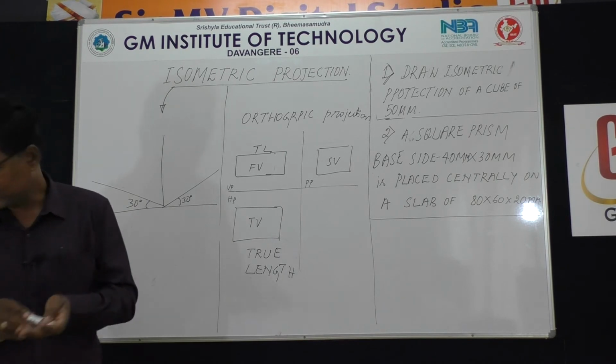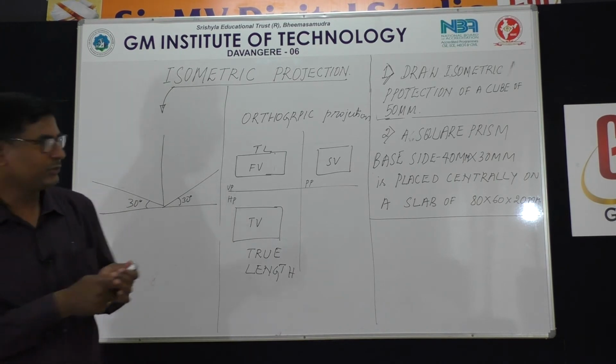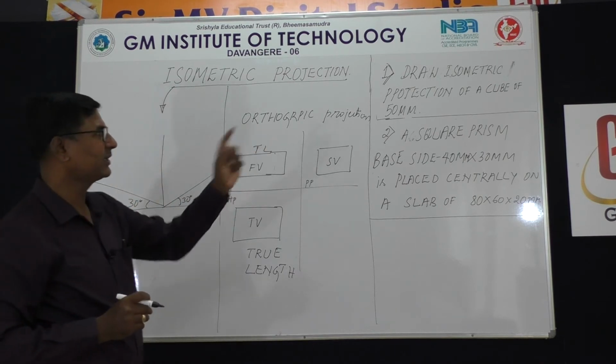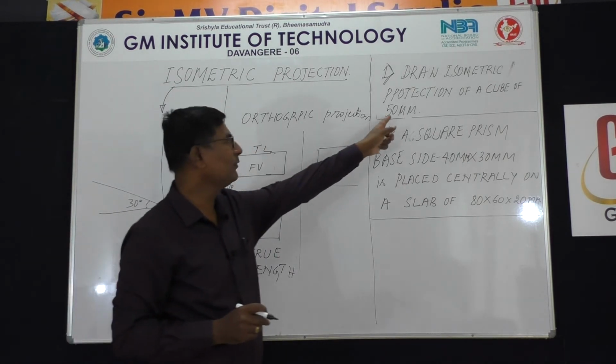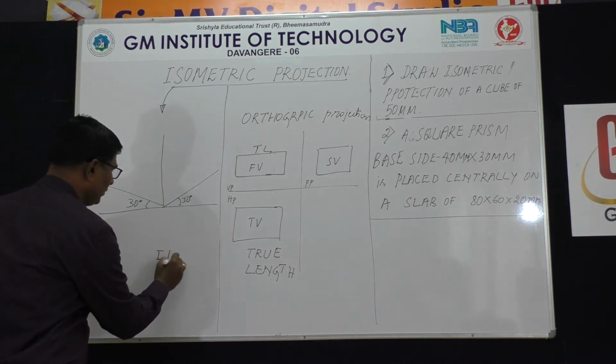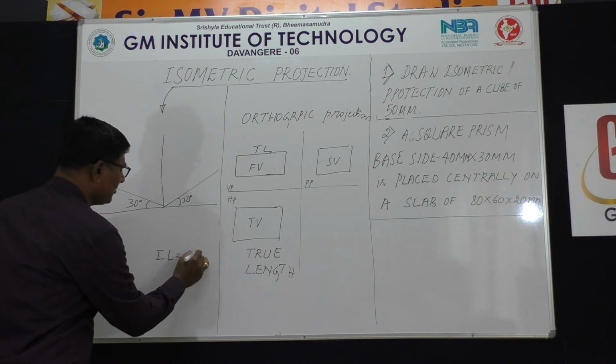But what we do actually, I'll show you now. So now I have to draw the isometric projection of the cube. What is the size of the cube? 50 millimeter. Every time, isometric length is equal to 0.8 times the true length, as a thumb rule.